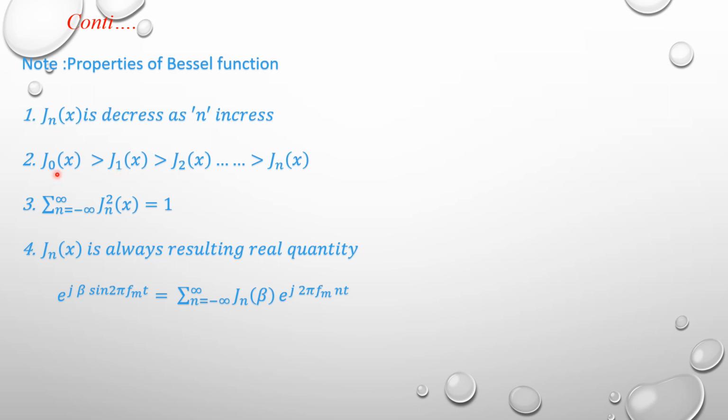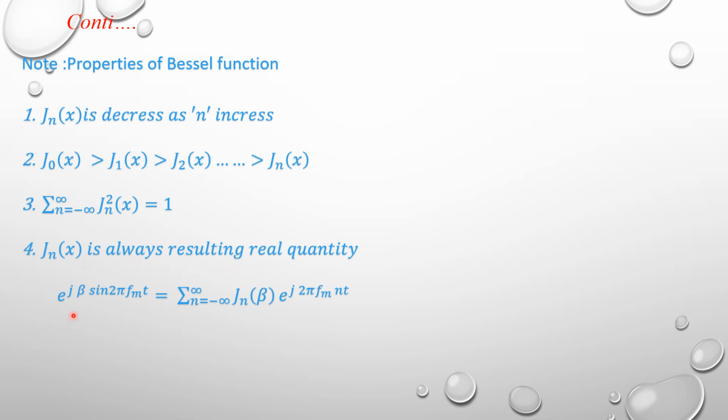So J naught of x is greater than J1 of x, J1 of x is greater than J2 of x, and J2 of x is greater than Jn of x. The third property is that the summation from n equal to minus infinity to infinity of Jn of x square is equal to the unit value 1. The fourth property is that Jn of x is always a real quantity.